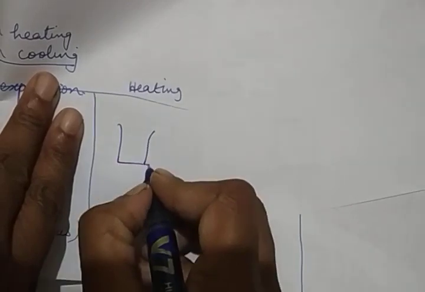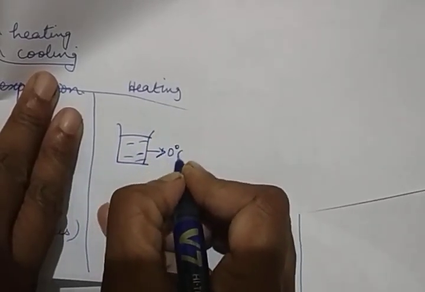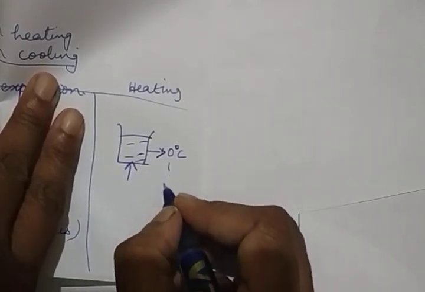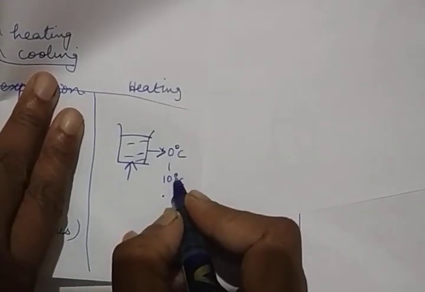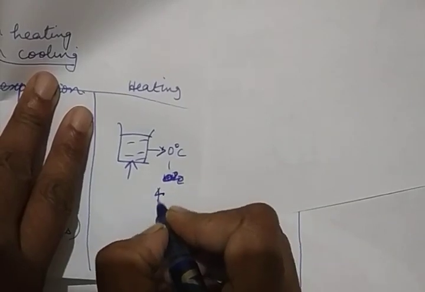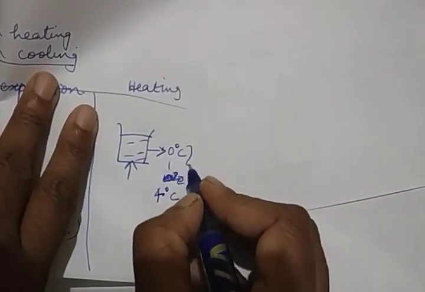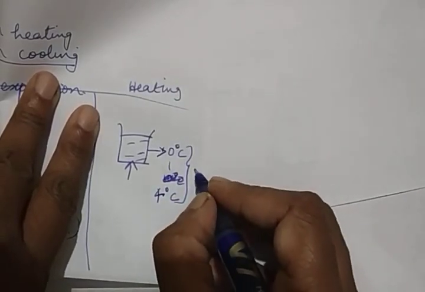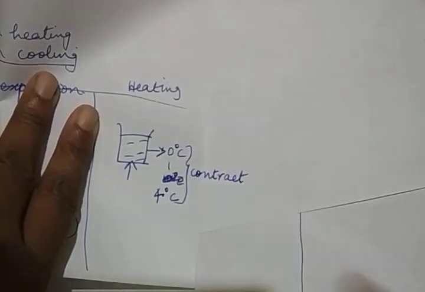I poured it in a vessel. The water is initially at 0 degrees Celsius and then I started heating it. So what happens? Its temperature increases, 10, 20, like that it keeps increasing. Now what will happen between 0 and 4? It should expand, but it will contract. Water will contract.